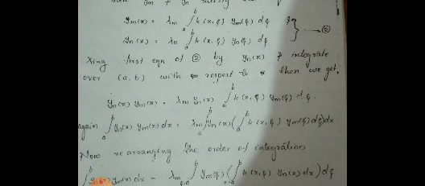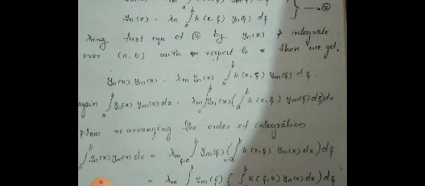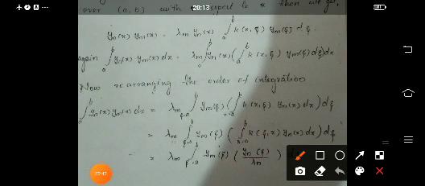Multiplying these two equations by yn of x and integrating from a to b, we get yn of x into ym of x equal to lambda m yn of x integral a to b k of x theta ym of theta d theta.